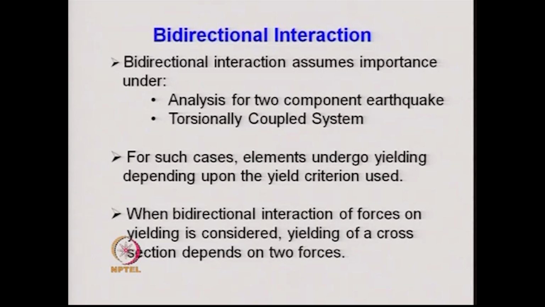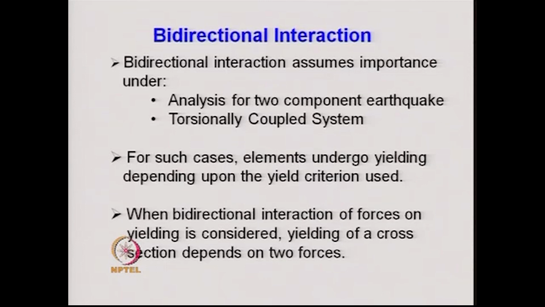Now, in the case of bidirectional interaction, we consider a 2 component earthquake, or it could be a torsionally coupled system in which the columns will develop shear forces in 2 directions, that is x and y direction, and the yielding that takes place will have an interaction between the 2 shears that are developed in the column.